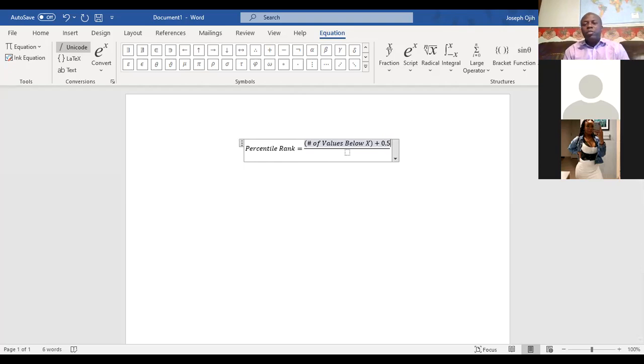Because you're moving from the continuous to the discrete, you have to put in this correction factor. Then divide by n, which is the total number of values, then multiply the result by 100.